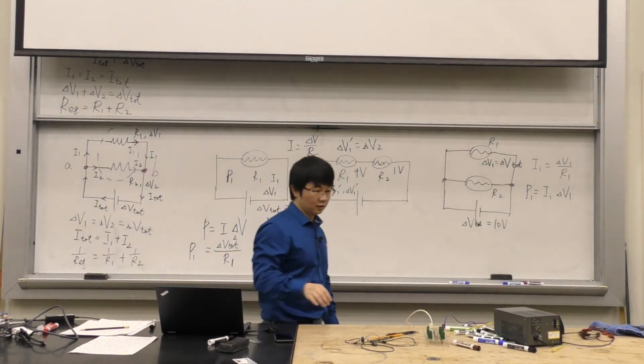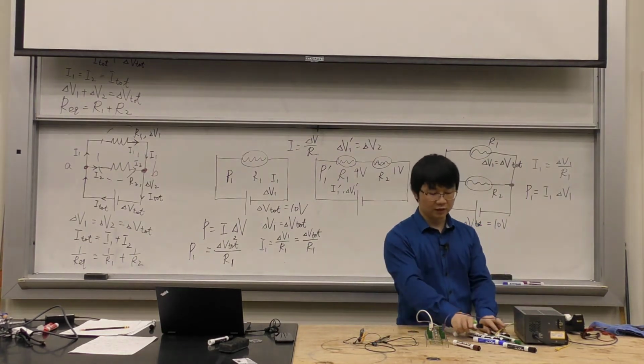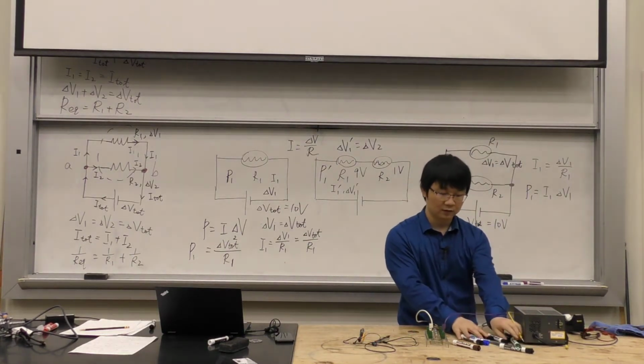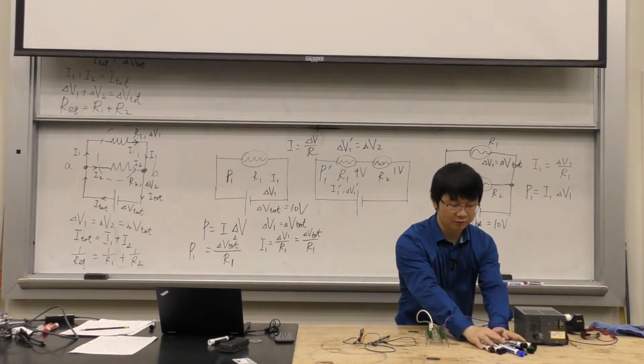So we can do an experiment here as a test. That's how we test a theory: you set up an experiment and test the theory. So our theory is this.